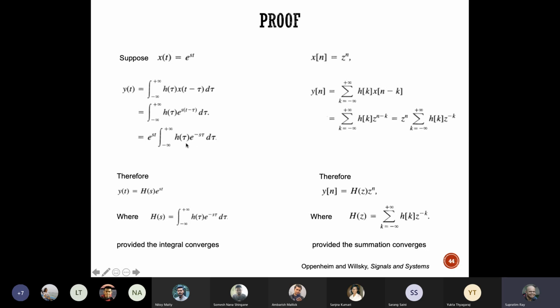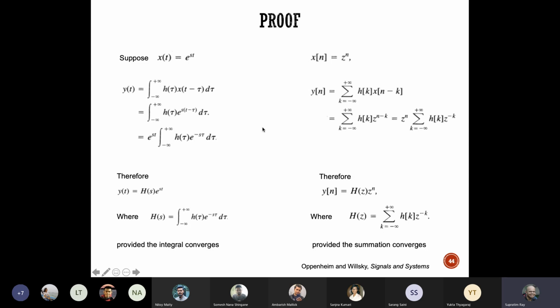But the point is that the output is just e to the power st, same as the input, just multiplied by some number, which is given by this. Okay, so the proof is very easy. You give this as the input, you get that as the output. Okay, the same thing holds in the discrete domain also.